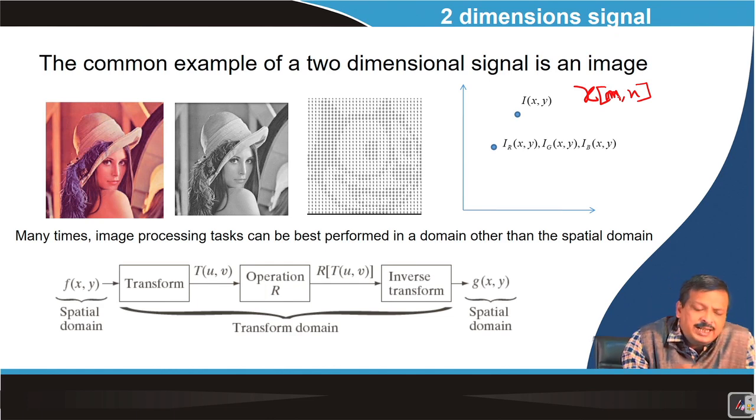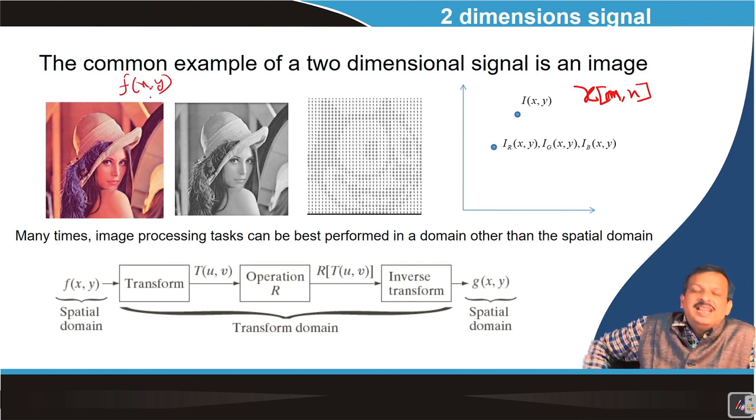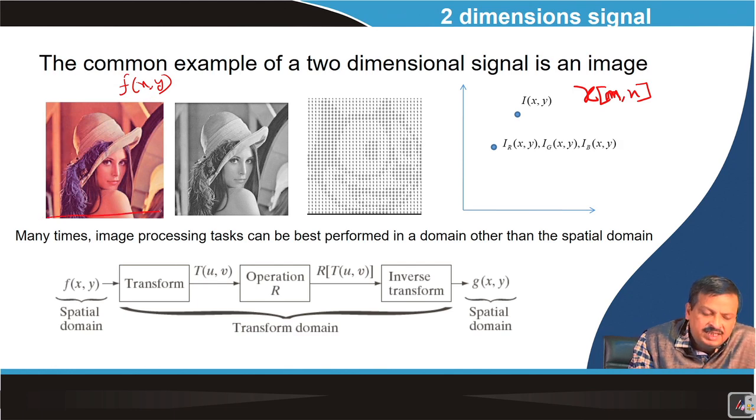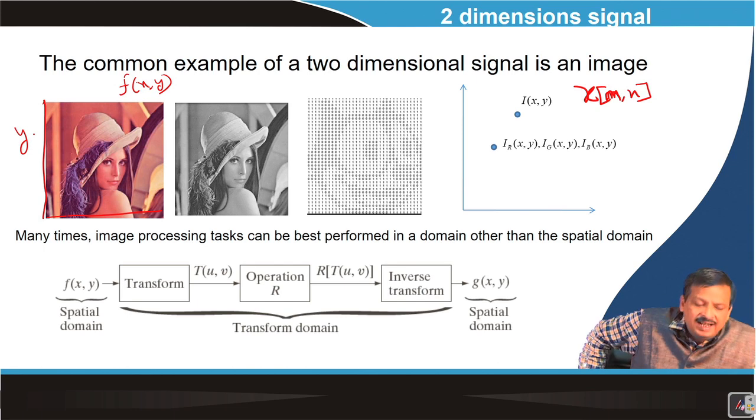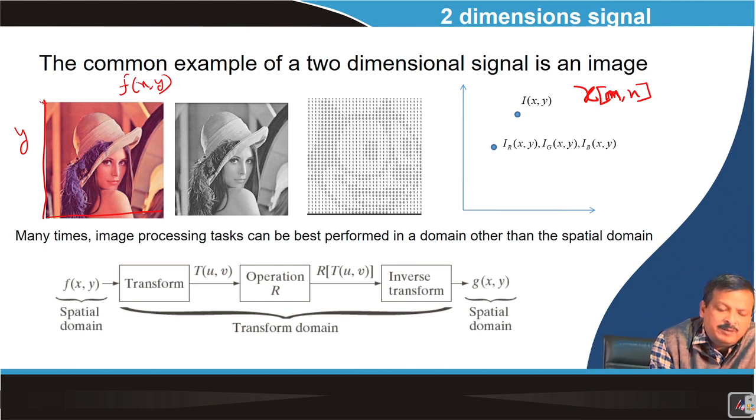If I say an image, the image is called a spatial signal, and f is called the signal. The image is a function of x and y. It has an x axis and a y axis. Mainly we always start an image from the top corner.